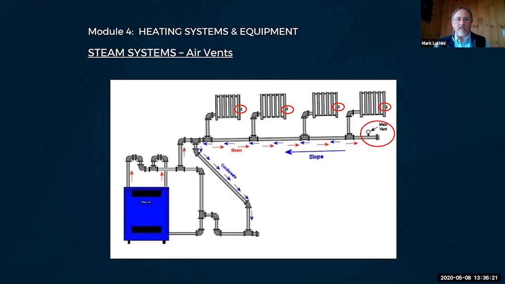Speaking of air, air vents are a very important part of steam systems. The steam systems breathe, so you've got to make sure that you have an air vent. If you have one pipe radiators, that's why you have air vents on one pipe radiators, to let the air get out so the steam can get in. And then when the steam is gone, they let the air back in to replace it. So they kind of break the vacuum, as it were.